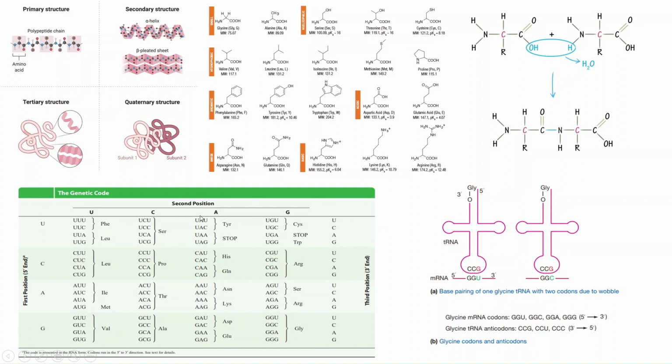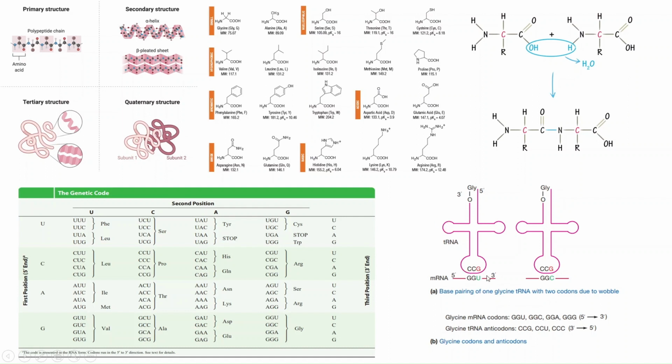So yes, now we have a strand of mRNA which will be having a nucleotide sequence. Then our ribosomes will come and bind to it. Our translation process will start when this AUG triplet codon is found, and as it proceeds, the tRNA is going to have an anticodon.